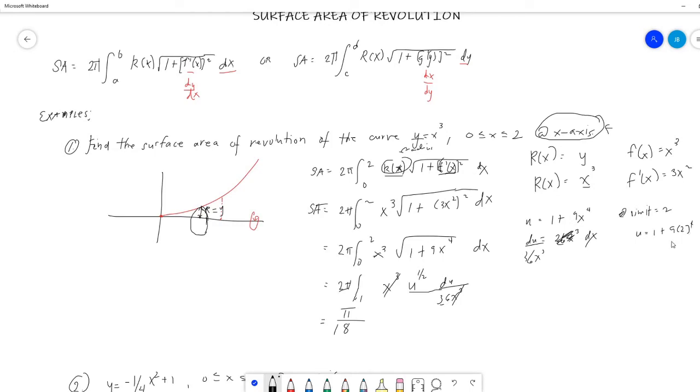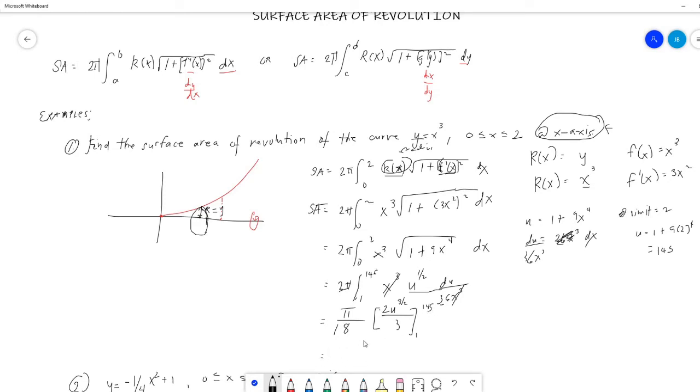That's 2 times 2 is 4, times 2 is 8, times 2 is 16, times 9, plus 1, that's 145. Therefore, our limit is from 1 to 145. So that is u to the 1 half plus 1, that's 3 halves, over 3 halves, from 1 to 145.